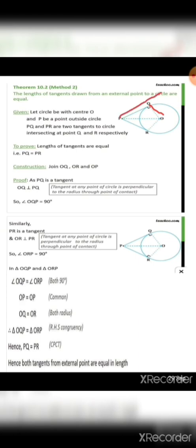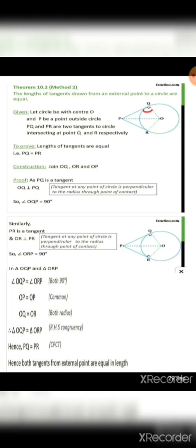The radius is perpendicular to the tangent. So you can tell that angle OQP is 90 degrees.